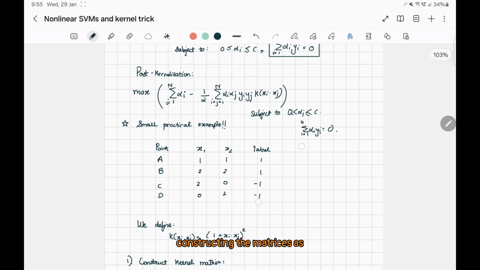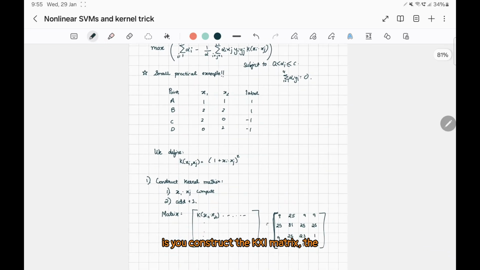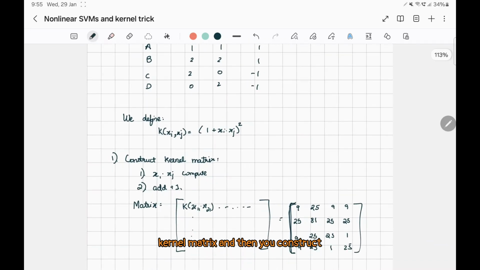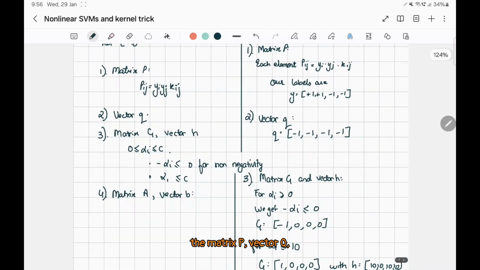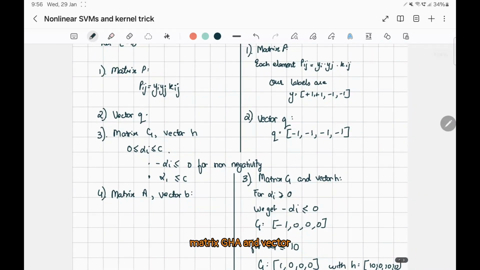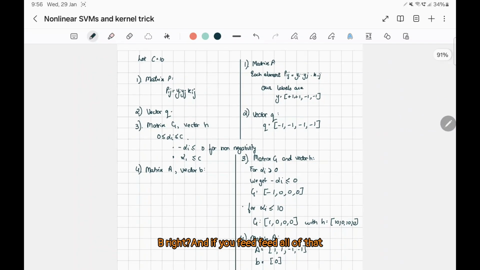Constructing the matrices as before, you construct the kernel matrix K, and then matrix P, vector Q, matrix G, H, A, and vector B, right? If you feed all of that into a QP solver, you will get the values of alpha i where this is maximized, and compute the bias, and that would be your final classifier.